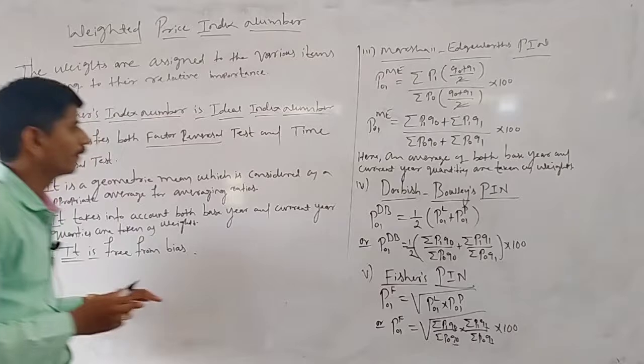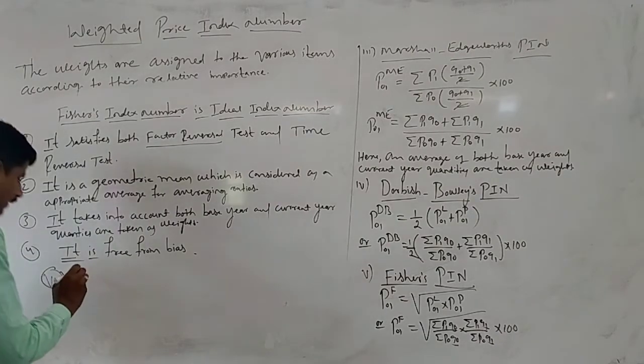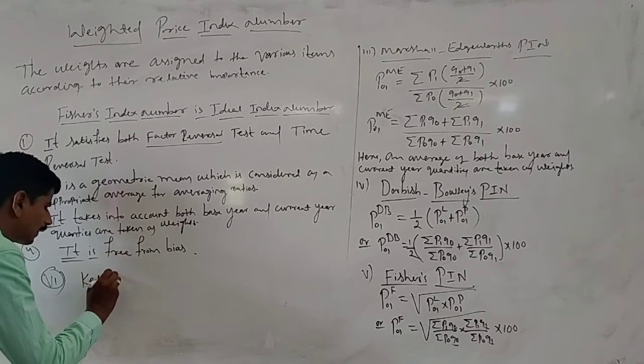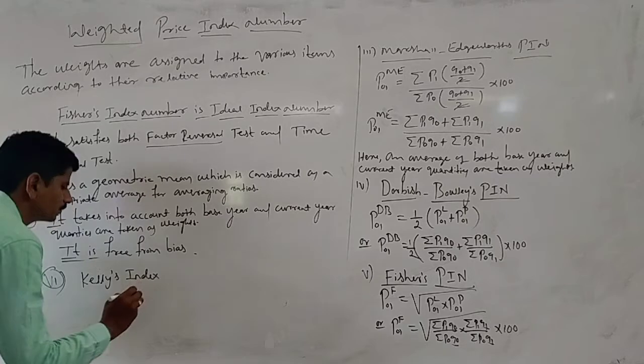The last of the six unweighted aggregative methods is Kelly's index number, or price index number.